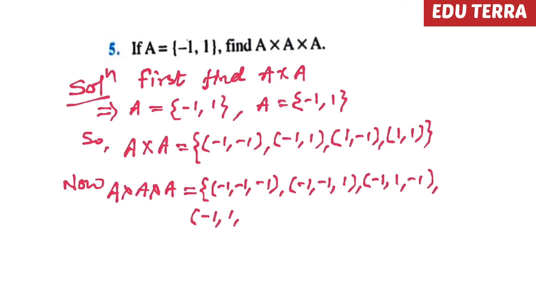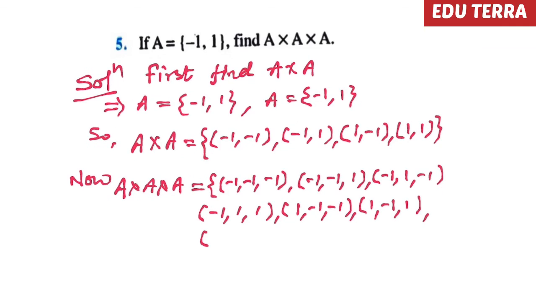So (-1, 1, 1). Now third, (1, -1, -1), (1, -1, 1). Okay, 6 are over.